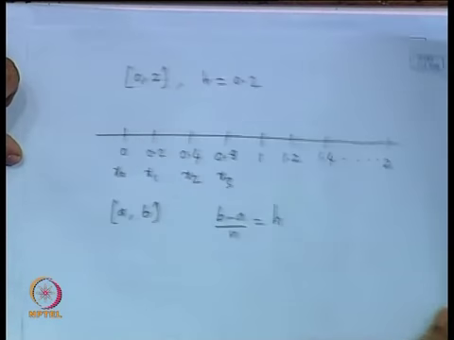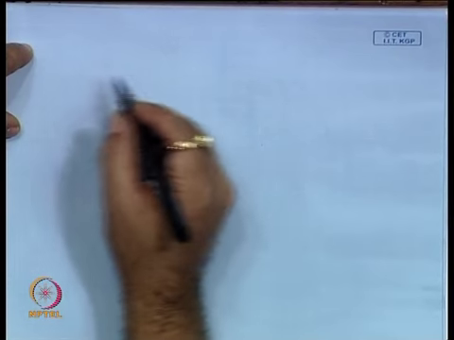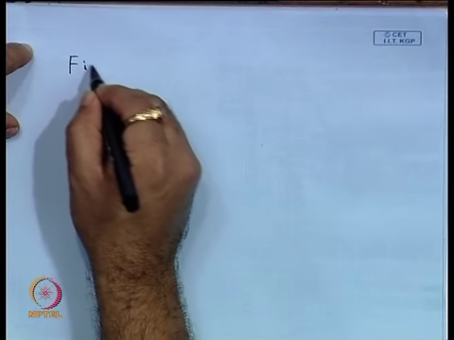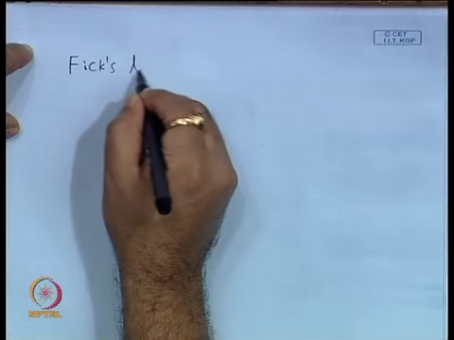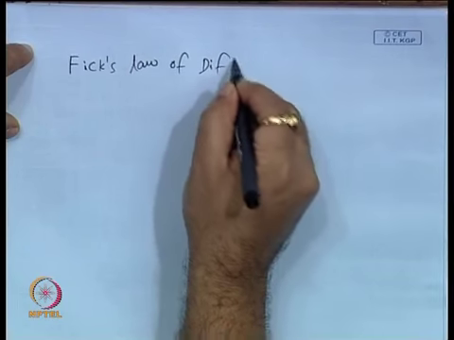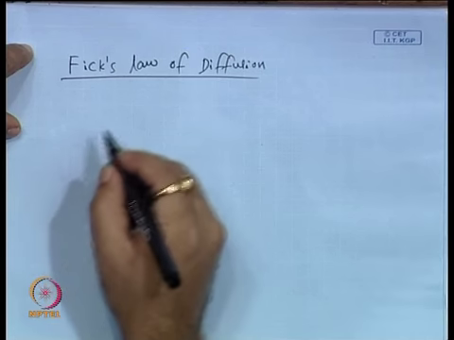Let us see some more physical examples where we come across ODEs or PDEs. One is conservation of mass, and then we have discussed Fourier's law. Now I would like to mention another example, Fick's law of diffusion.